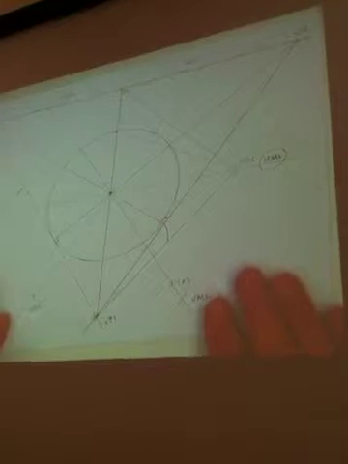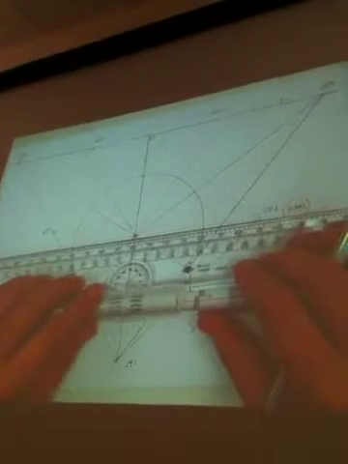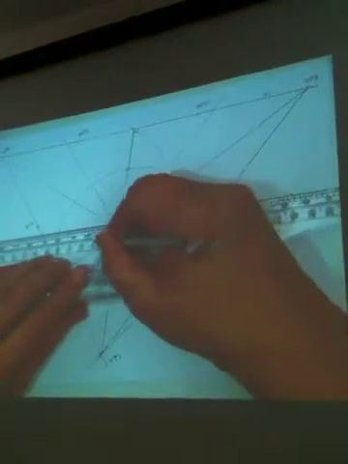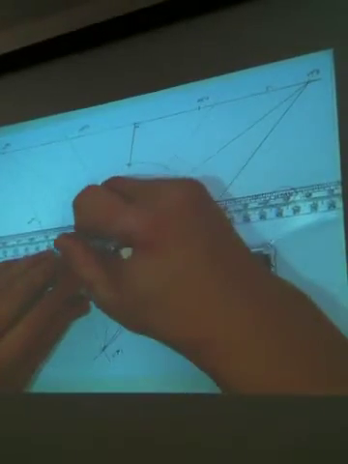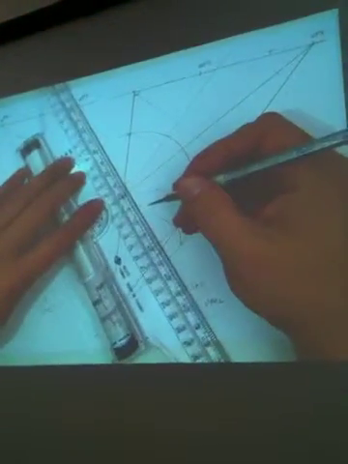Now, so you've got all that in place. How do you actually draw anything with it? You would go like this. I have to put my measurements along the horizontal measuring line or along the vertical measuring line here.